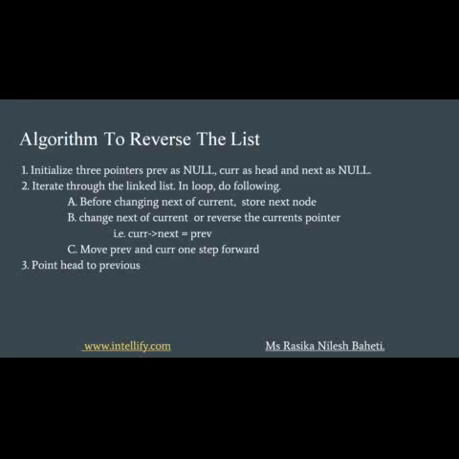While traveling we will do the following things: a, store the next node; b, change next of current, or reverse the current's pointer, that is, cursor next equals previous; c, move previous and cursor one step forward. Here in the loop we will exchange previous and next in each iteration, and when we come out of the loop, point head to previous. Now it's time to go with coding.